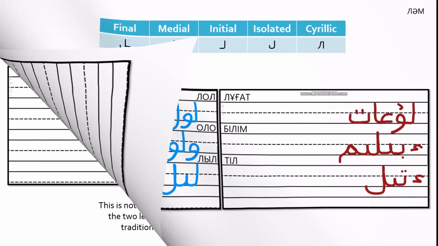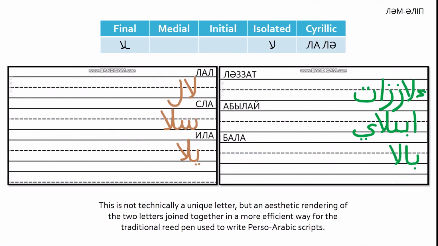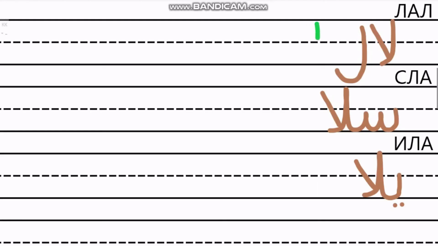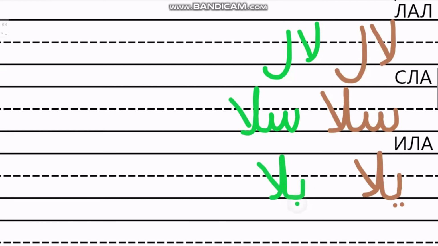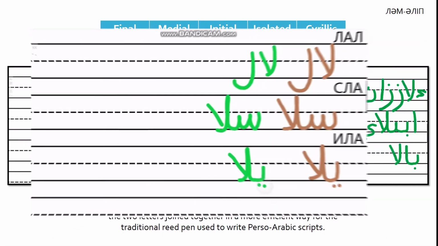Finally, we've arrived at the special combination lam alif, which I've mentioned at the beginning of this lesson. It isn't a unique letter, but rather a more aesthetic way of writing with the traditional reed pen. Since this combination ends with alif, its rules regarding connection still apply.